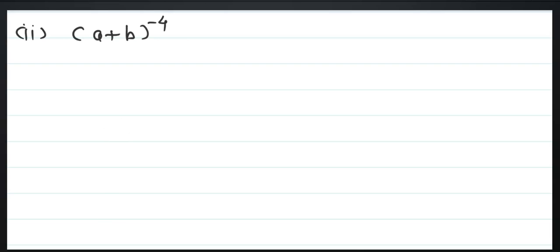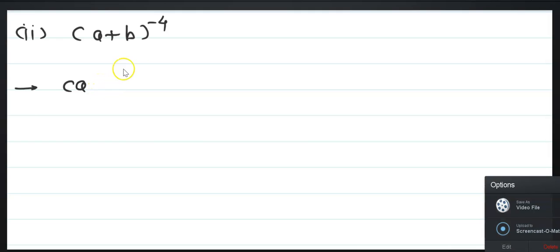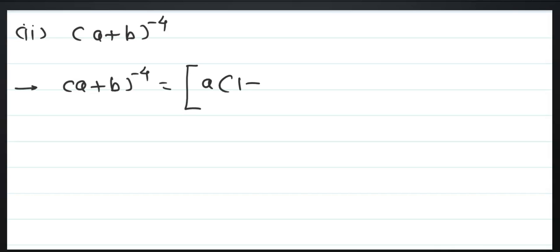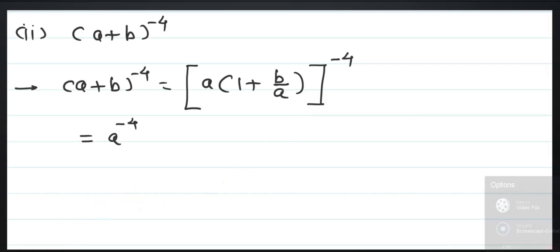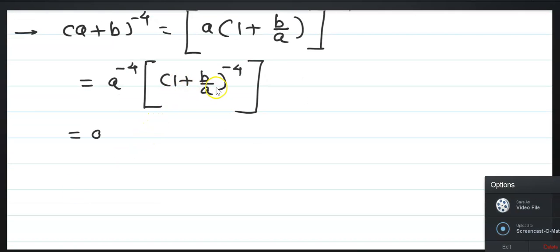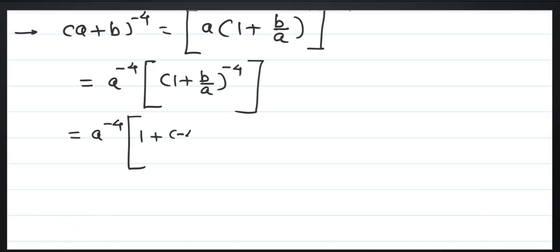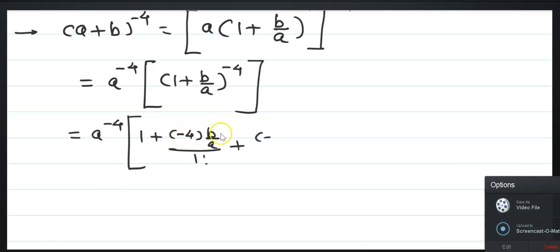Now the next is (a plus b) bracket raised to minus 4. Again we take a as common. Then in bracket you will get 1 plus b upon a, bracket raised to minus 4, and hence a raised to minus 4 times (1 plus b upon a) raised to minus 4. Now the expansion of this is 1 plus minus 4 into b upon a upon 1 factorial.